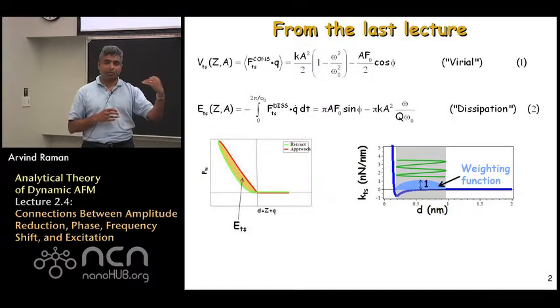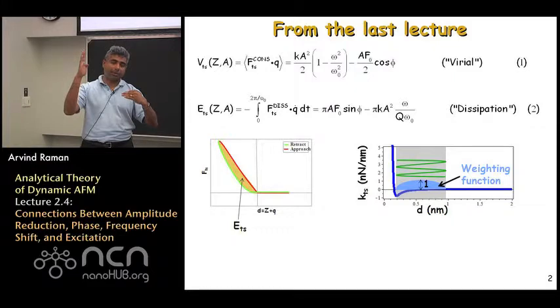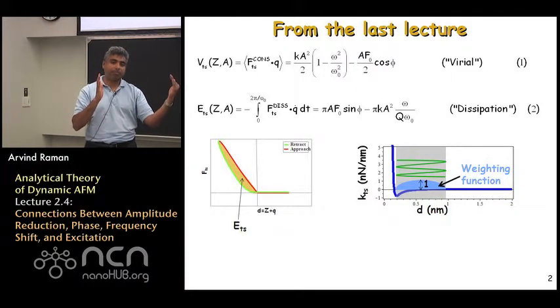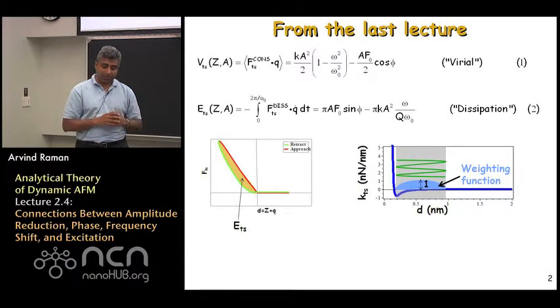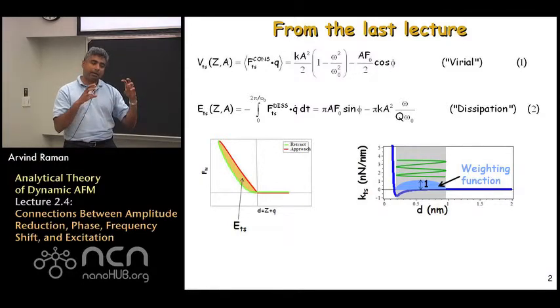If we were to graph the gradient of the tip sample interaction force KTS as a function of D, the tip sample gap, and look at the range over which the tip oscillates back and forth, the area under the KTS versus D graph that's traversed during the tip oscillation, weighted by a function as shown in the shaded blue on the graph on the bottom right, the product of those two is VTS.